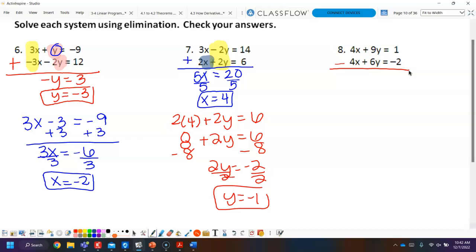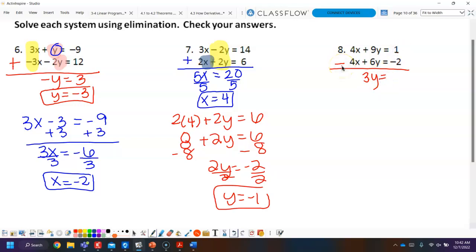9y minus 6y. So don't add them together, don't make that mistake. If it helps you, you can write a negative in front of and change them. So kind of think of it as like multiplying everything by a -1. Or again, you just have to say in your head, it's 9y minus a positive 6y to get 3y. 1 minus a -2.